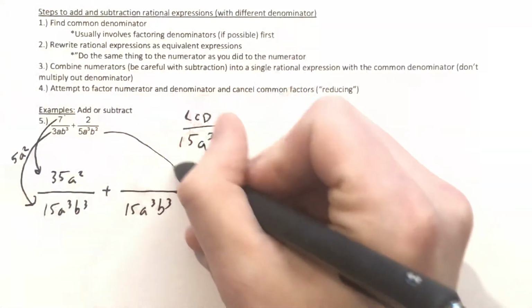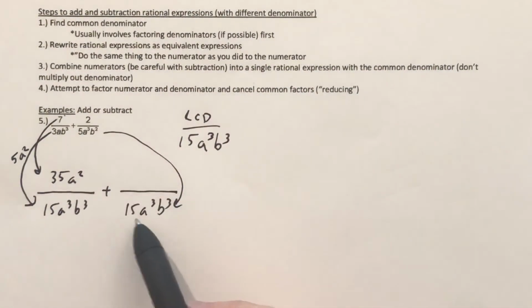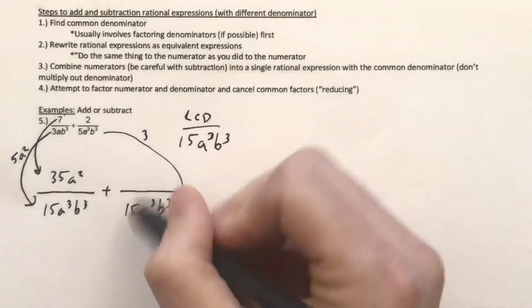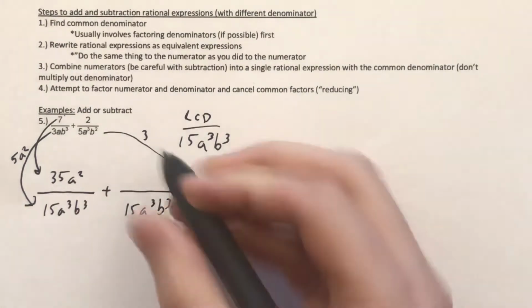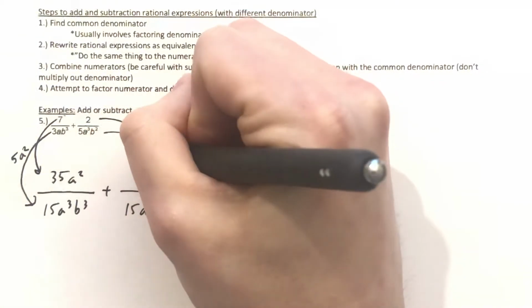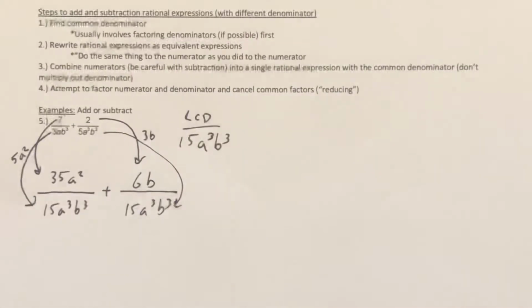Same thing here. To get from this denominator to there, from 5a cubed b squared to 15a cubed b cubed, would take a 3. 5 times 3 is 15. I've got all the a's. I had b squared. I need b cubed. So I need 1 additional b. And that is then what I'll multiply the 2 by. 2 times 3b to get 6b.